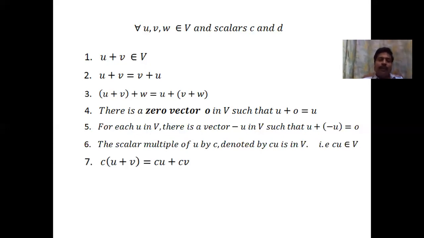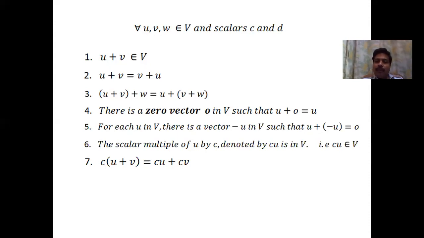The 7th property is vector distribution. C times U plus V is equal to CU plus CV. We have seen these in ring theory and in fields. So here the vectors are distributed. U plus V is a new vector that is taken C times.